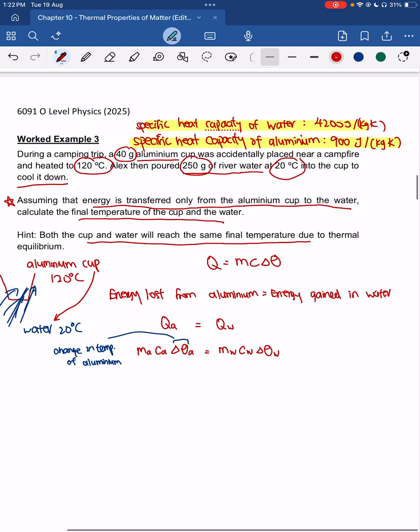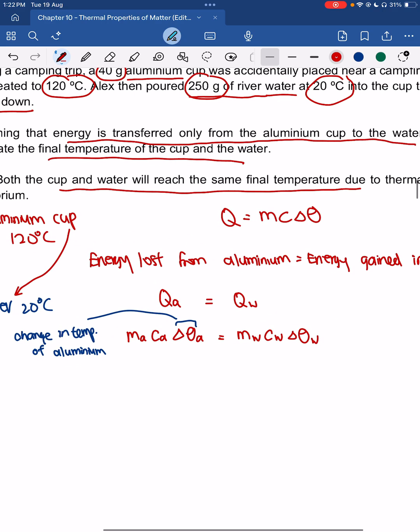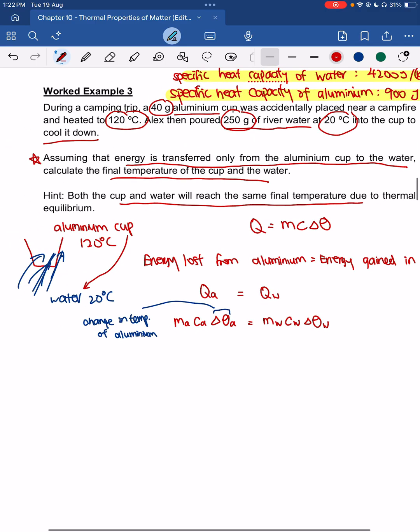Since my specific heat capacity values are based on SI units, the temperature doesn't really matter because it's a change. Whether it is a change in Kelvin or a change in degrees Celsius, they both mean the same quantity, so we can safely ignore that.